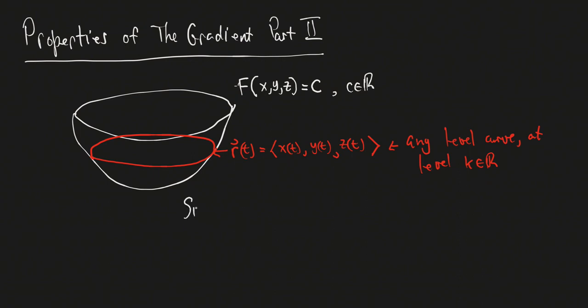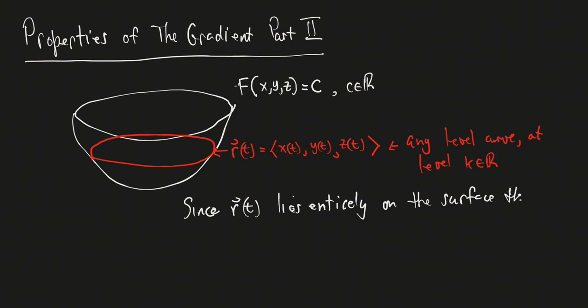So since r of t lies entirely on the surface, then for all t, if I plug in my parametric equations for x, y, and z into the equation of the surface, then I will get an identity.